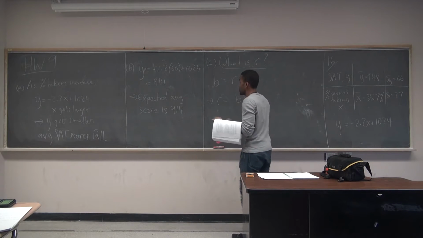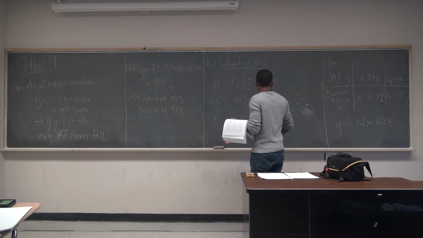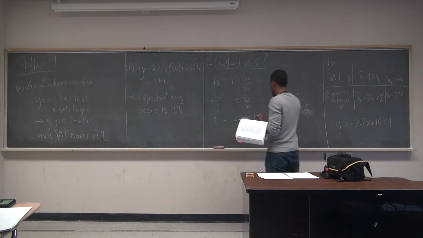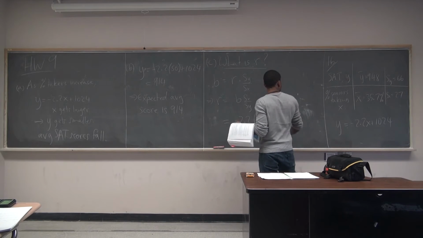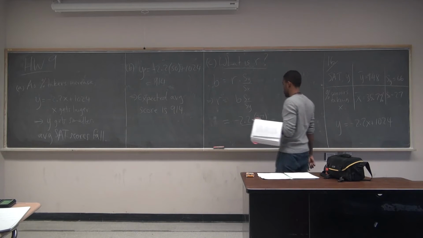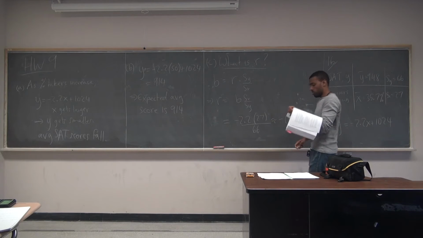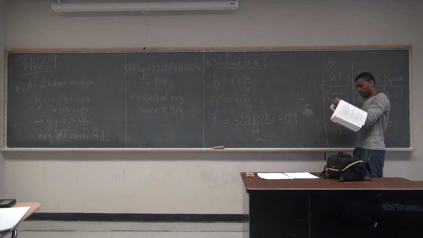Then you just plug them in. B is the coefficient of X, which is minus 2.2. SX was given in the table, that's 27. SY is 66. So that's roughly negative 0.9. Strong negative correlation.